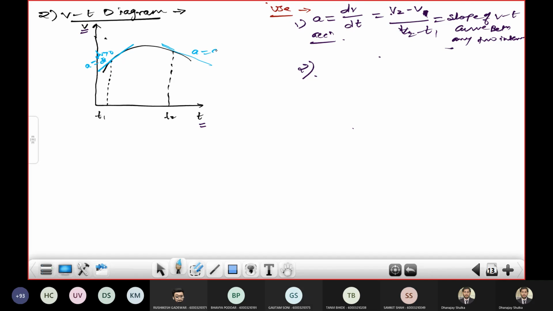Similarly here, a will be dv by dt, and I will find that it is going downwards, so the slope is less than 0, that is a decreasing slope, so it will be negative here, correct? This is the second one: I can find the direction of the acceleration.